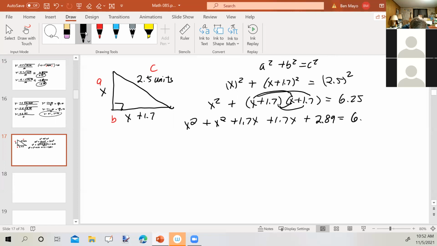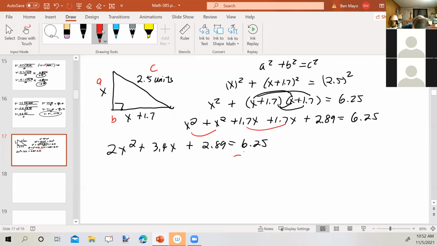2.89 equals 6.25. All right, combining like terms, those go together, those go together. 2x squared plus 1.7 plus 1.7 is what? 3.4x plus 2.89 equals 6.25. Then we'll subtract 6.25 from both sides of the equation. 2x squared plus 3.4x.